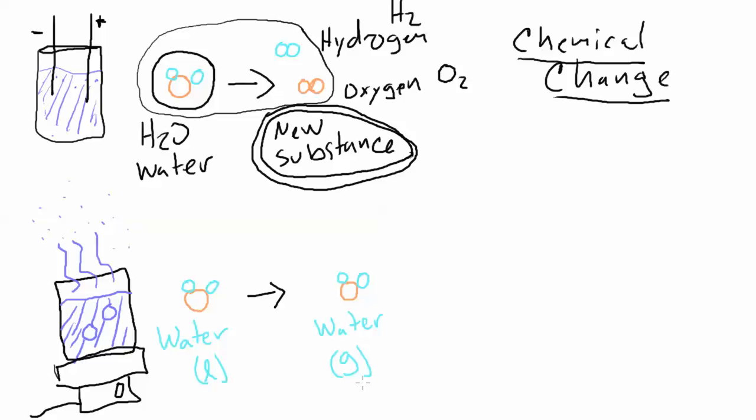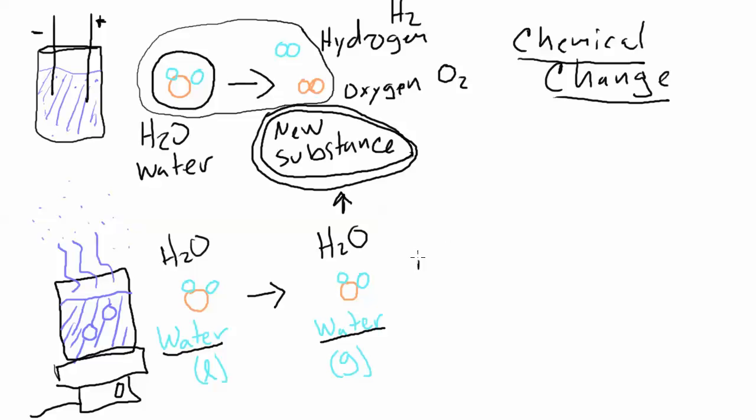So you have to ask yourself our important question that we talked about earlier. Is there a new substance? The substance before the change was water, H2O, and that was a liquid. And the substance after the change was water, H2O, except that this time it was a gas.